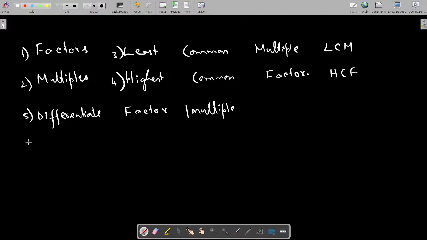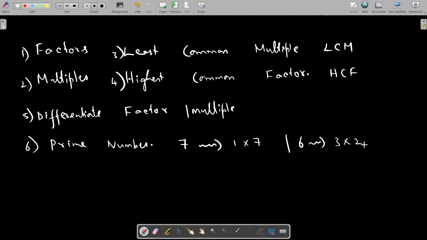So we have done this fifth one. And one more thing with respect to prime numbers. Do you know what a prime number is? For example, if I take 7, what are the factors of 7? It's only 1 into 7. If I take 6, the factors are 3 into 2, and I can write 1 into 6 also. A prime number is something which has only 1 and the same number as factors.